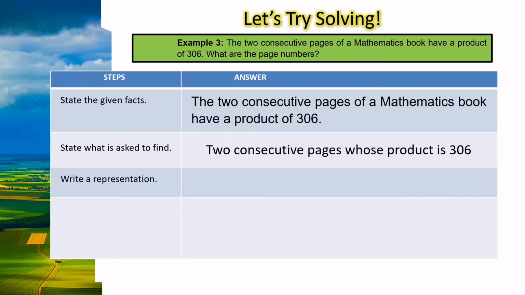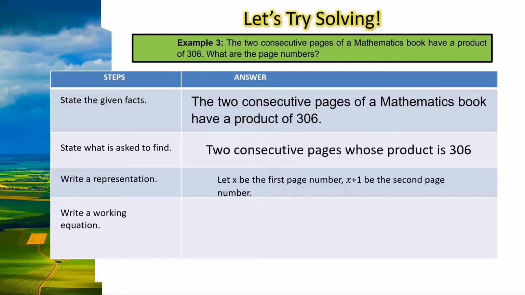Next step, write a representation. So like the idea of having 2 consecutive numbers, how will you represent 2 consecutive pages. Very good. It's only the same. So you have to let x be the first page number, x plus 1 be the second page number.